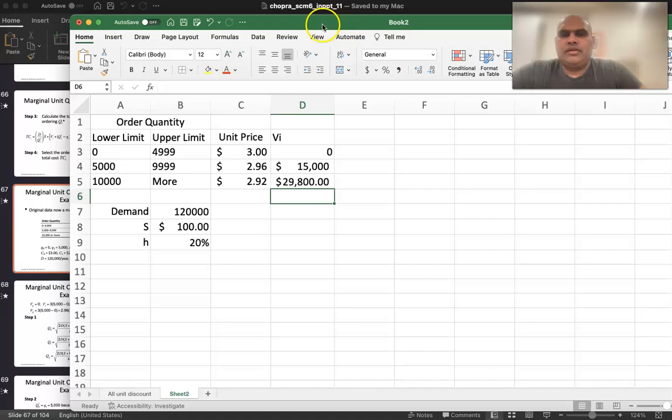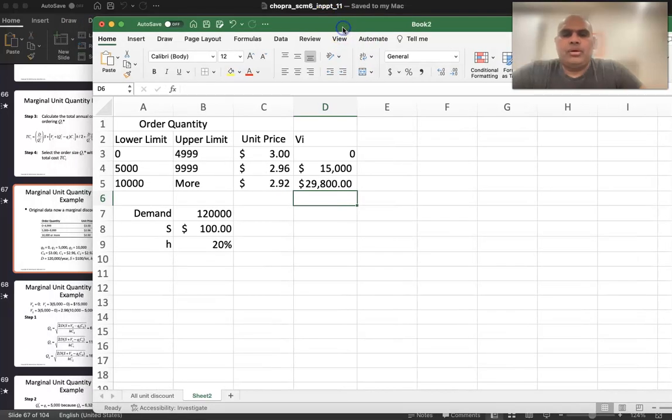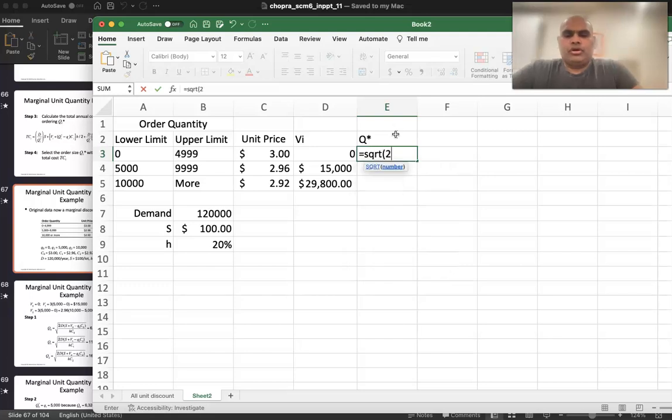Now, once I have the value of V1 and V2, I can calculate the value of Q star. Let's say Q star for the time being. Again, we'll use the EOQ formula for this. It will be the square root of 2 times capital D, which is going to be the same for everything, times S, which is also the same for everything. Now this is not just going to be S by itself.